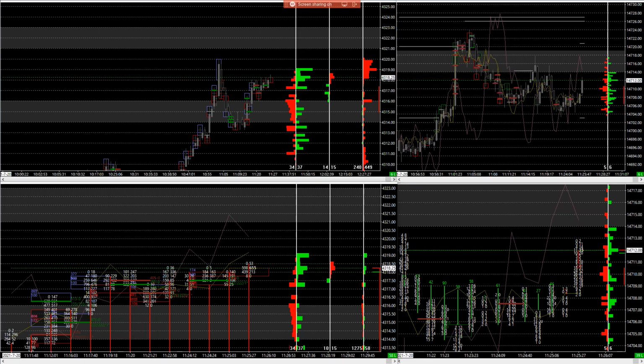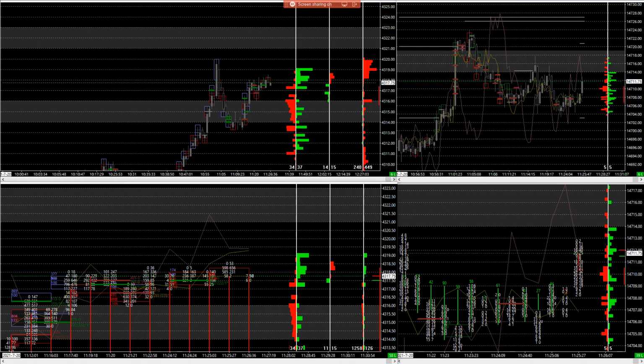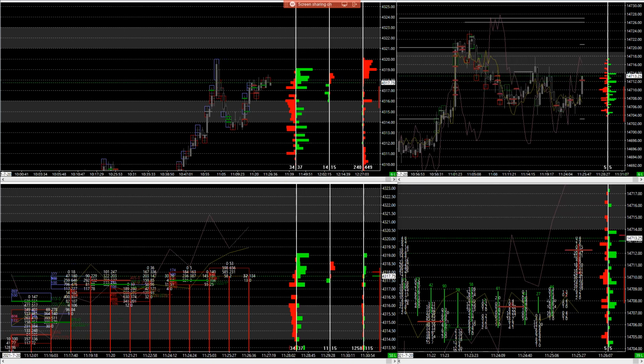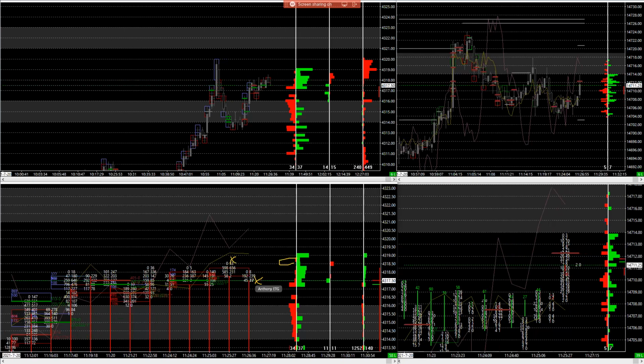So if it's net short, like it is now, it's not just that there are a lot more shorts than longs that are stuck, but it's only the stuck shorts. Let me give you an example. When the market goes up, if a short comes in and price is below it, it would not be included in the red line.